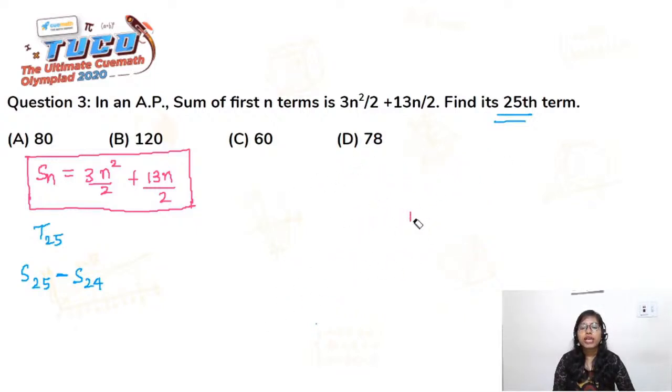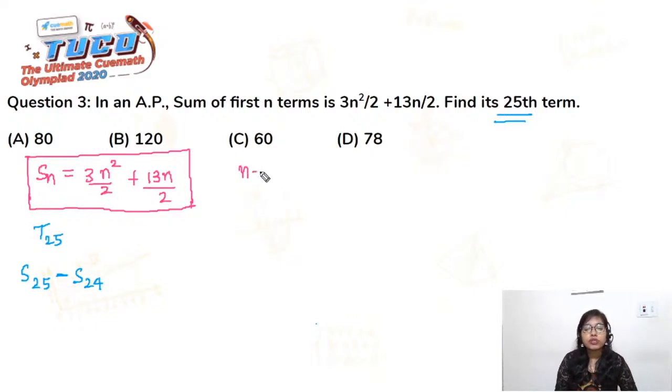To calculate the value of S25, what are we exactly going to do? Just like in the last question, where you had the expression for Tn and we were putting different values of n, this time we've been given an expression of Sn, wherein we could easily put the values and check.